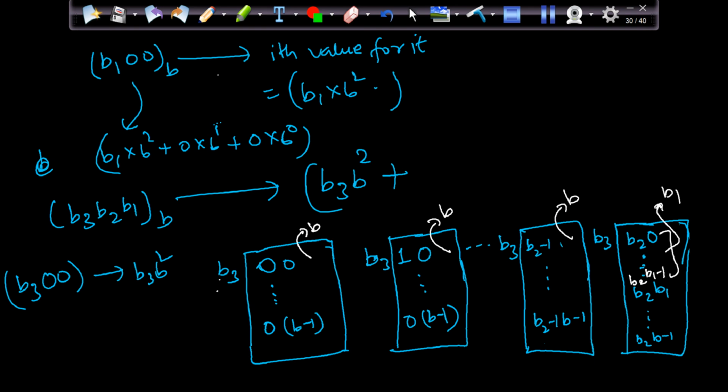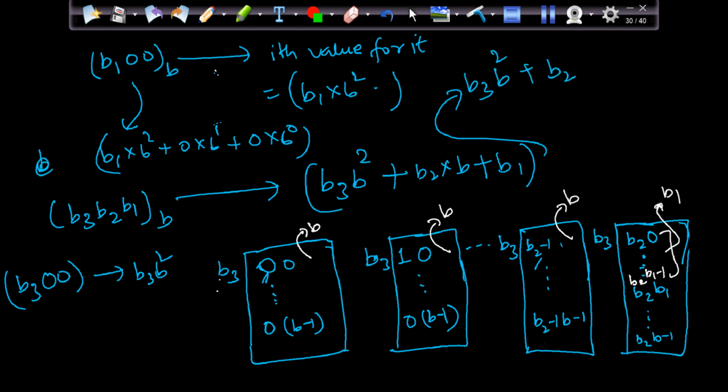So from 0 to b2 minus 1, it means b2 into b plus b1. So this is the same as b3 b square plus b2 into b plus b1 into b to power 0.